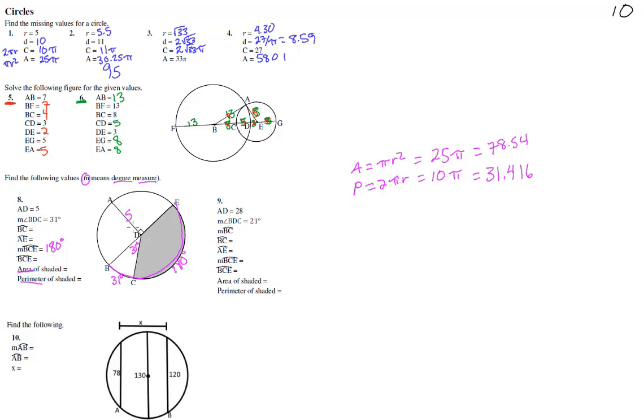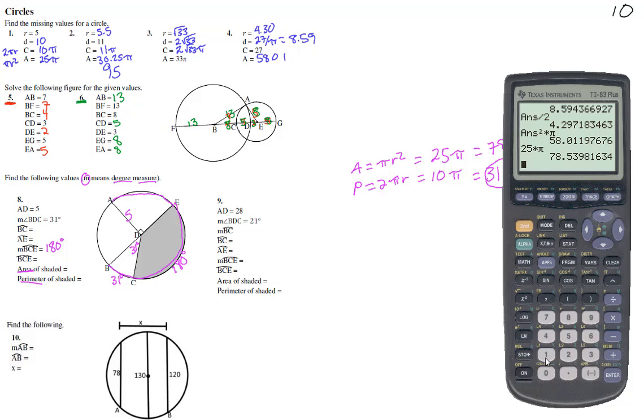Now if we look at this guy, arc AE, this is 90 degrees. So we've got to take and divide this guy by 4 in order to get arc measure of AE. So let's do that.